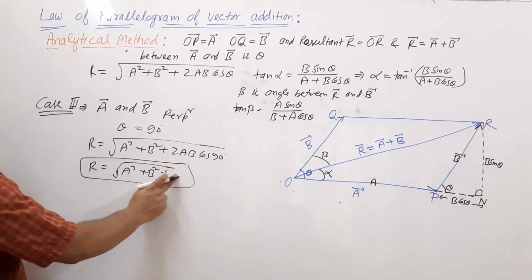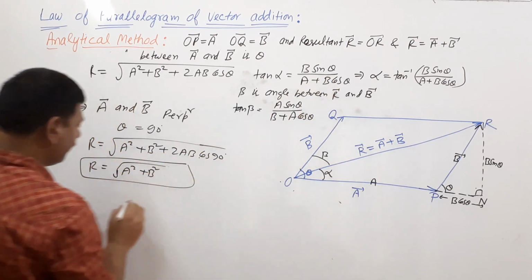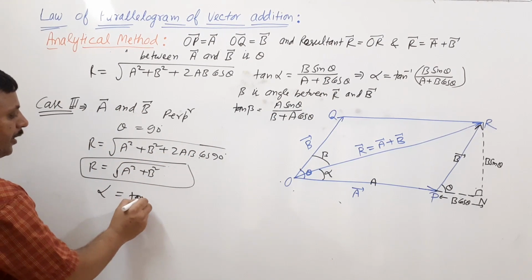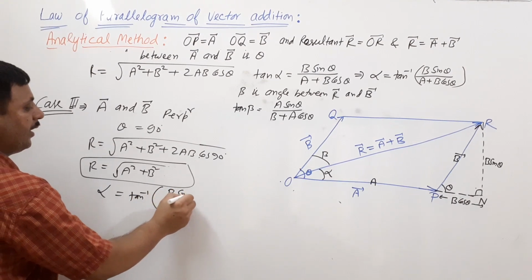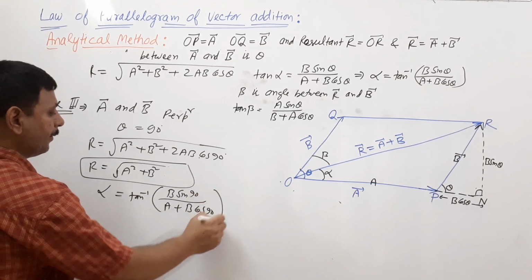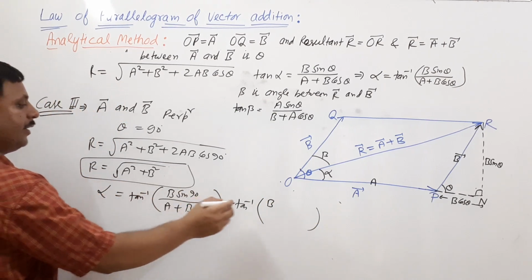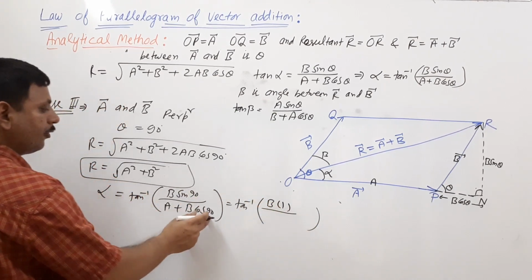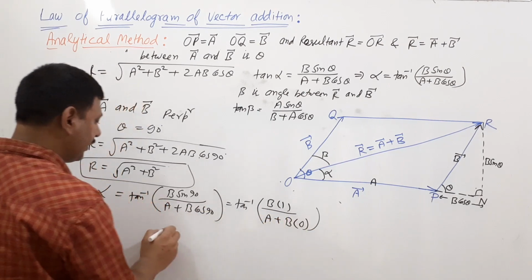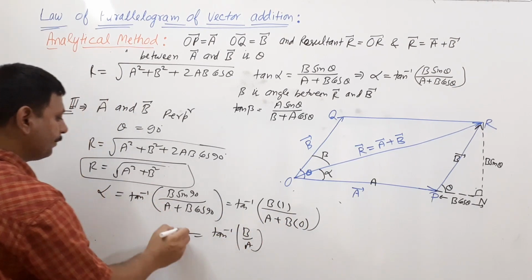And what will be the direction with vector A? Alpha is equal to what? Tan inverse B sin 90 divided by A plus B cos 90. So that is tan inverse, B sin 90 is B times 1 and cos 90 is 0, so A plus B into 0, that is tan inverse B upon A.